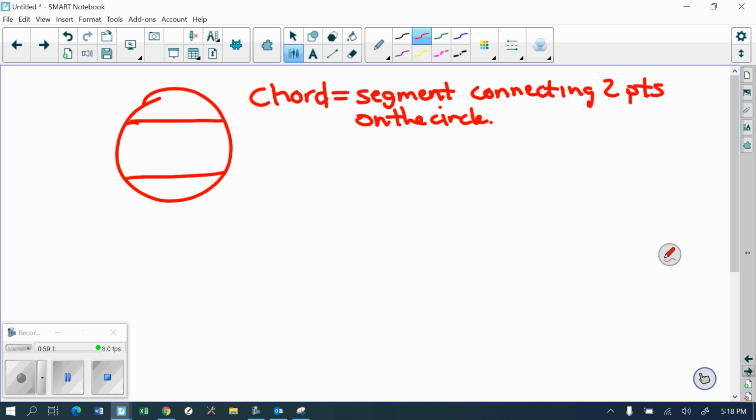That's a chord. AB and CD are 2 chords. AB is 1 chord, CD is the other chord.